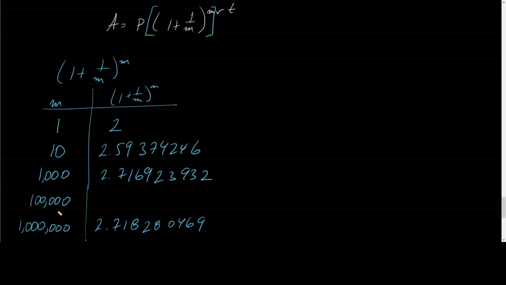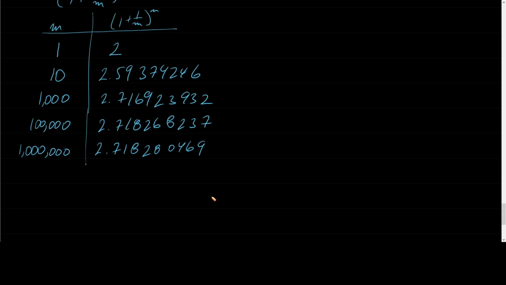For 100,000 though, it was 2.718268237. And then for 10 million, we have 2.718281693. What I want you to notice here is that as M goes to infinity, these values are going to the value E. They're getting closer and closer to E. All right?